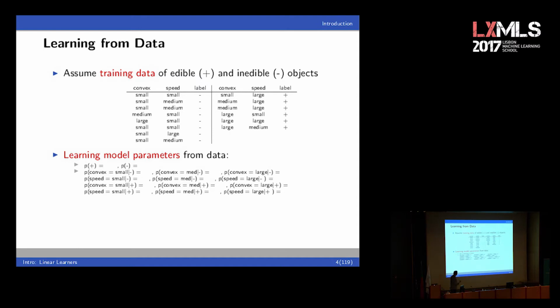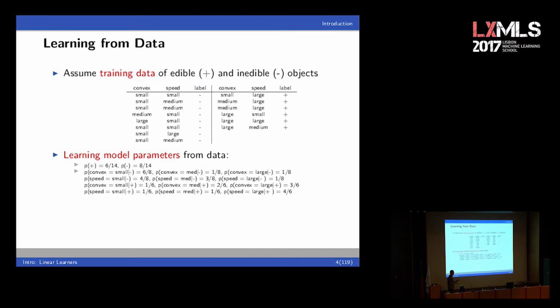Then for small objects that are non-edible, what would that be? We just have to look at convexity, small, and get the fraction out of the non-edible ones. And we do that for all of them, right? For all features. So we get 6 out of 8. And for the edible, it's the same. We just take the fraction out of 6, right?